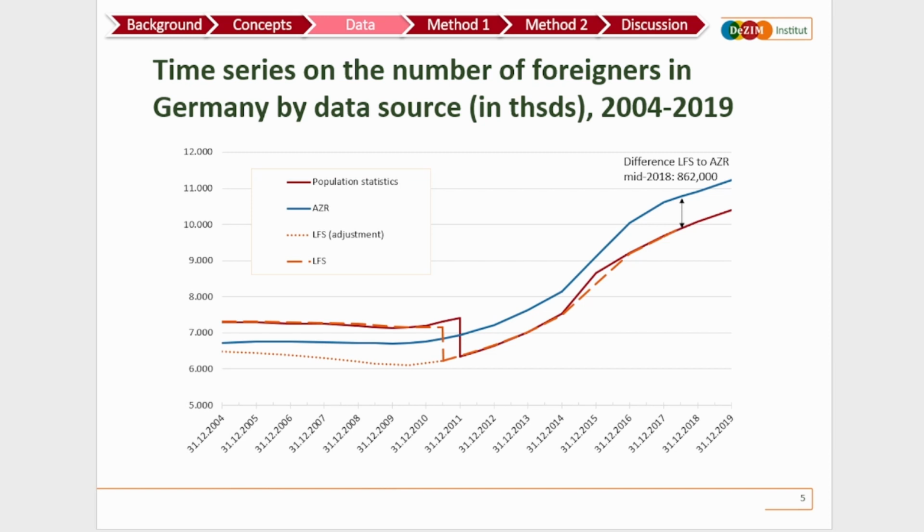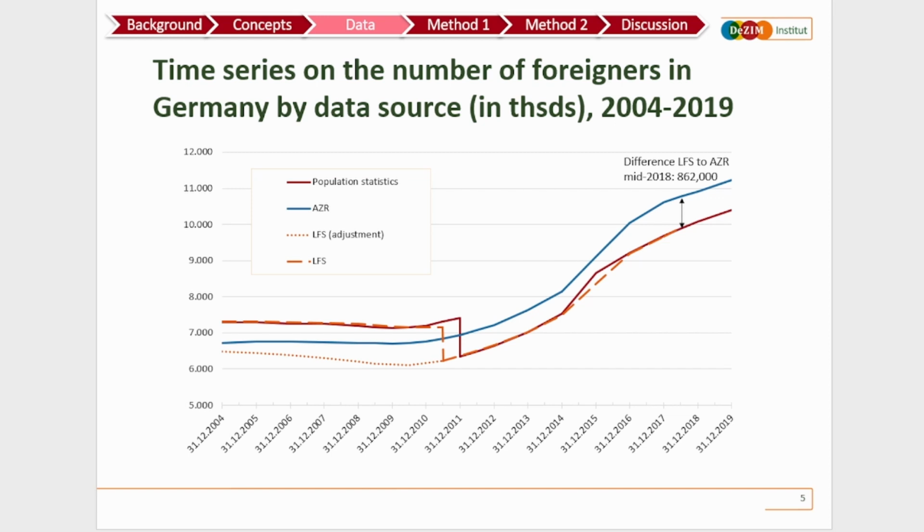Correspondingly, in the orange dashed and dotted lines is the labor force survey total number of foreigners in the country, which is adjusted, basically calibrated to that population statistic. And since that post-census adjustment in 2011, the labor force totals and also the population statistics are consistently below the AZR number of foreigners.